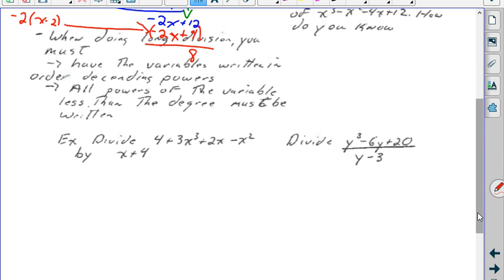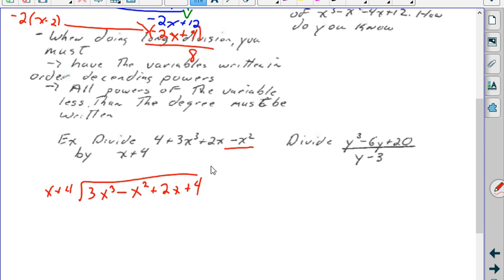So for this guy here, we're going to take x plus 4, and we're going to divide that into, well, my highest power is 3x cubed minus x squared plus 2x plus 4.